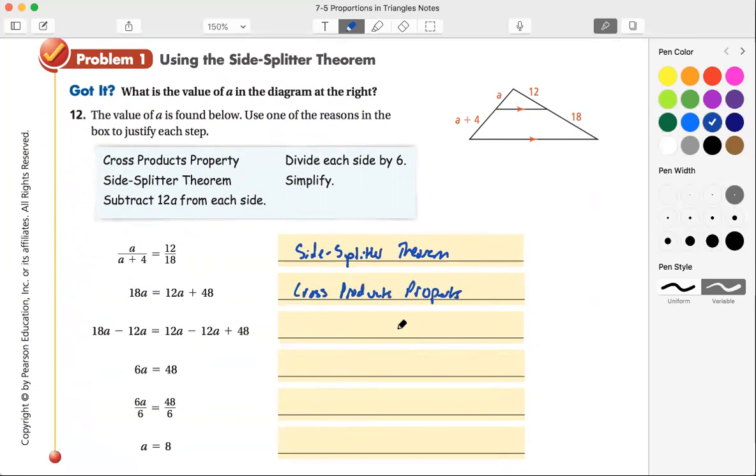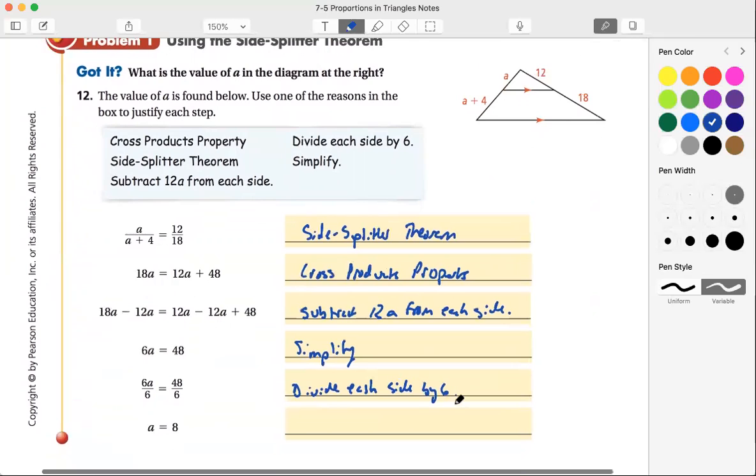By cross multiplying, we then subtract 12A from both sides. Then we simplify. Then we divide each side by 6. And then we simplify.